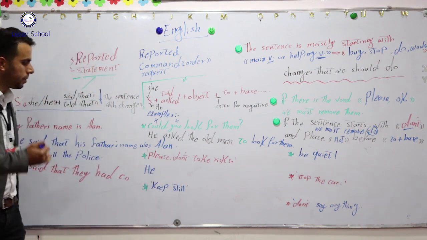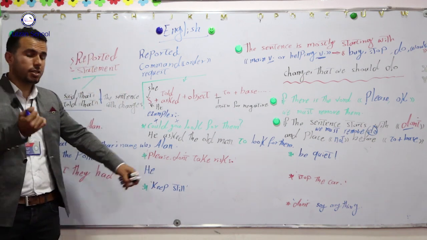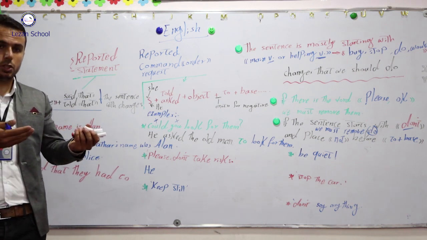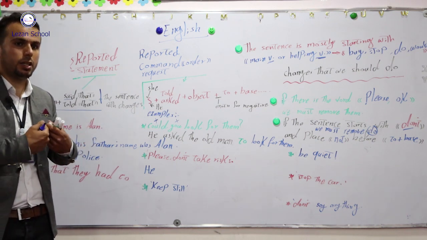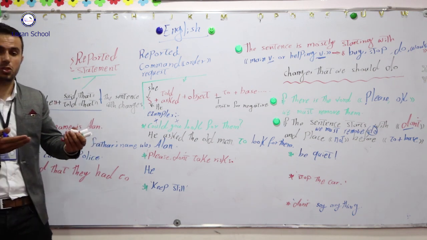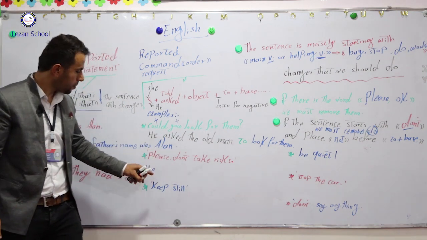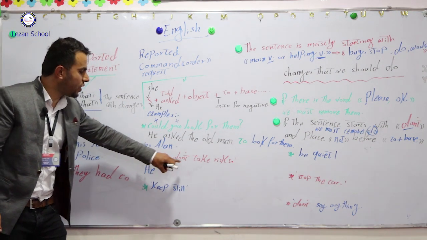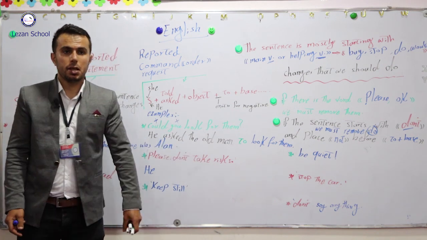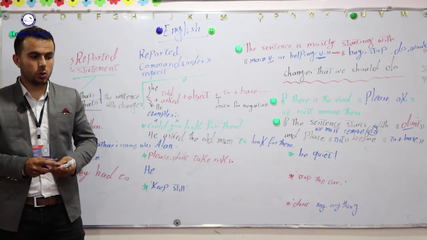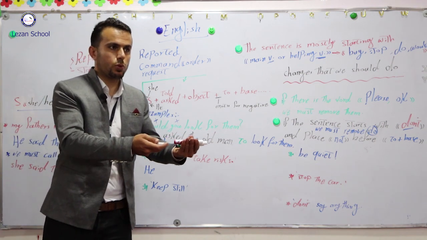he is what? Please, it's in a polite way. You are asking someone not to take risks. Please don't take risks. Maybe it's me who's asking you not to take risks.